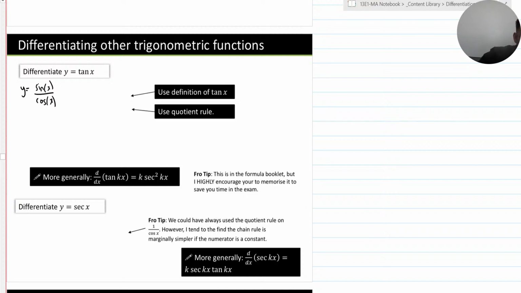So in this case, we know that u is equal to sine of x, and that v is equal to cos of x. So we know that du by dx is equal to cos of x, and dv by dx, well, what does cos differentiate to? Remember, we've got this little cycle, sine, cos, minus sine, minus cos. Cos is going to differentiate to minus sine of x, like so.